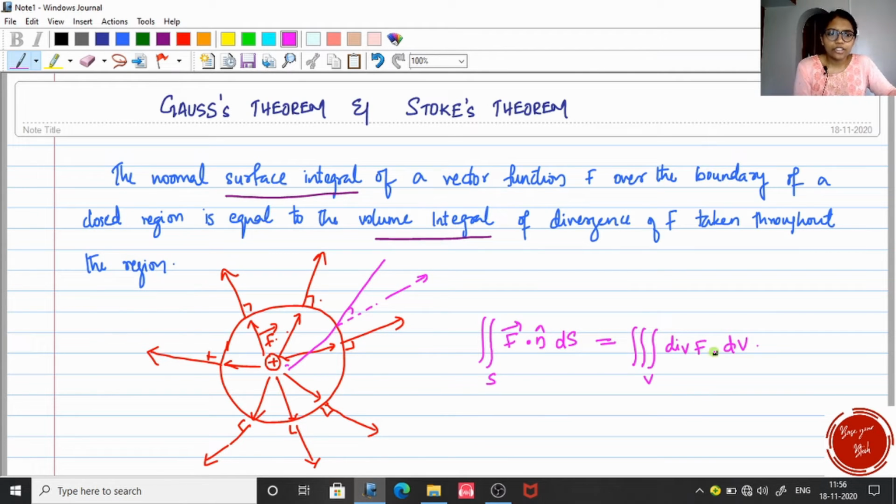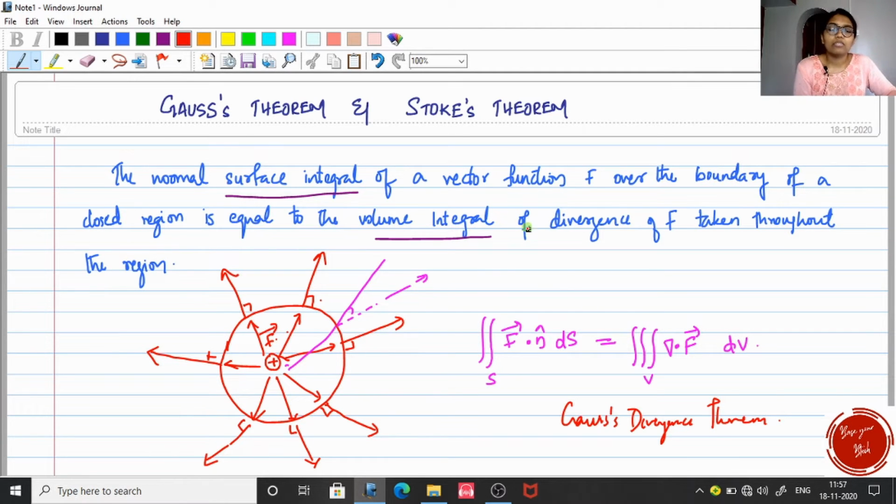Instead of div f, you can also write del dot f. All the basics related to vector calculus are uploaded in the previous video. You can check that. So this is the mathematical statement of Gauss's theorem. Since the term divergence comes here, we can also call this theorem Gauss's divergence theorem. Fine. So this is all about Gauss's theorem.